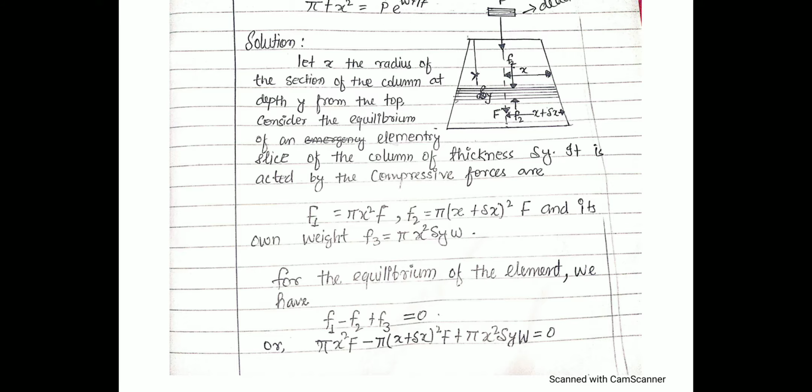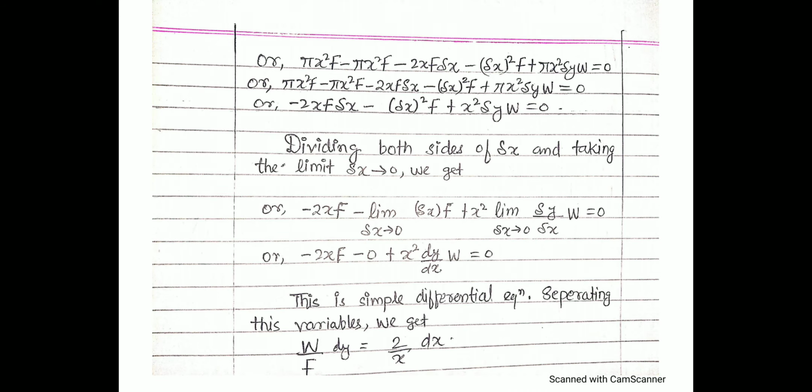Now putting in the respective values, we can write pi x square times f minus pi times (x plus del x) whole square times f plus pi x square del y times w is equal to 0.